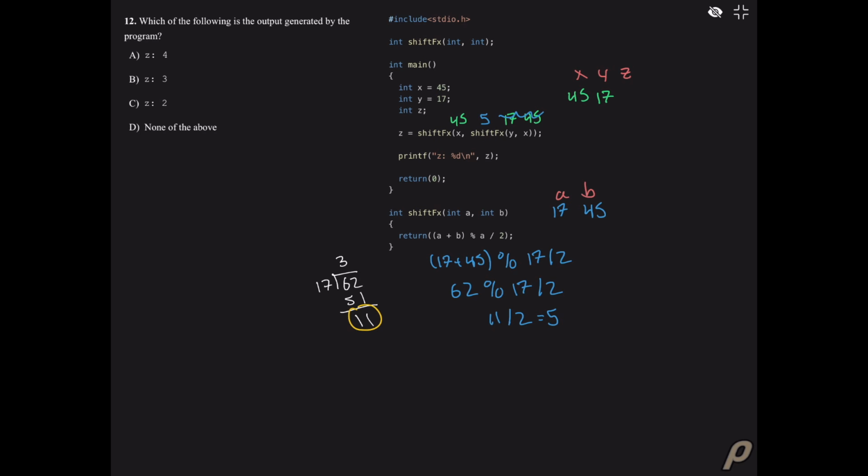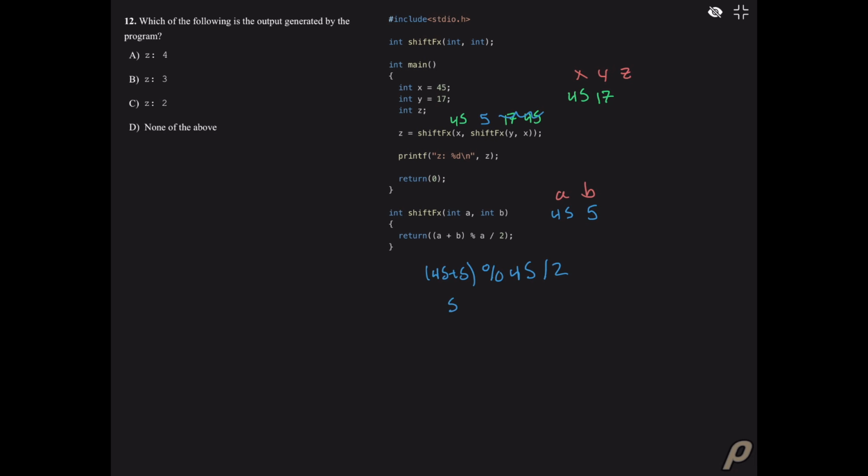So then we have to run the shift fx function yet again. So to run that again, let's clean up all of our code here, and let's do it again. So this time we're passing in a value of 45 for A. We're passing in a value of 5 for B. So we get our 45 plus 5 modulus 45 divided by 2.